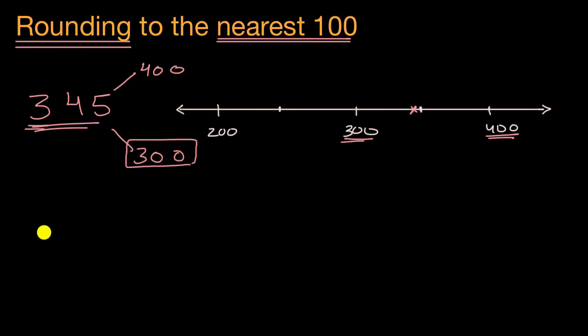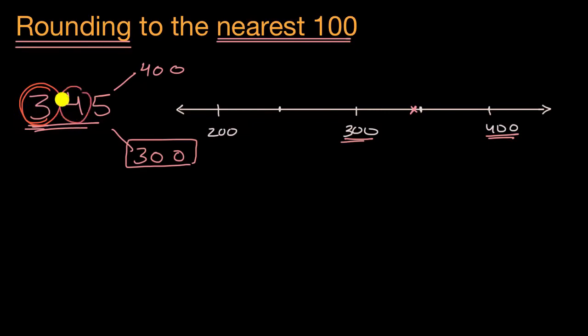Now, another way that you could do this, and it's very similar to what we thought about when we rounded to the nearest 10, is, okay, we're rounding to the nearest 100. So this is either going to be rounded to a 3 or a 4. And to decide on that, we go to one place value less than that. So we would go to the tens place.